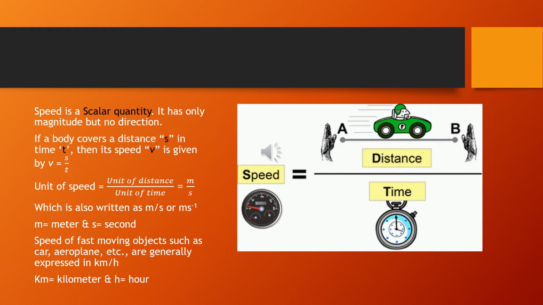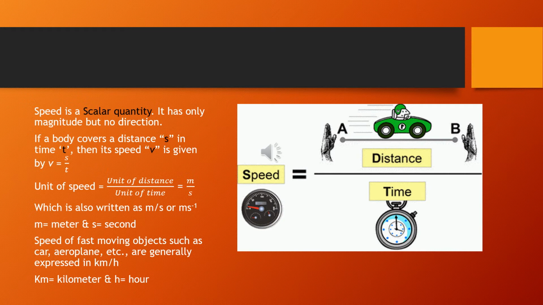The new abbreviations you should be using are, for distance you should be using s, and for speed you will be using v. For distance, abbreviation is s. For speed, abbreviation is v. But time will remain the same.